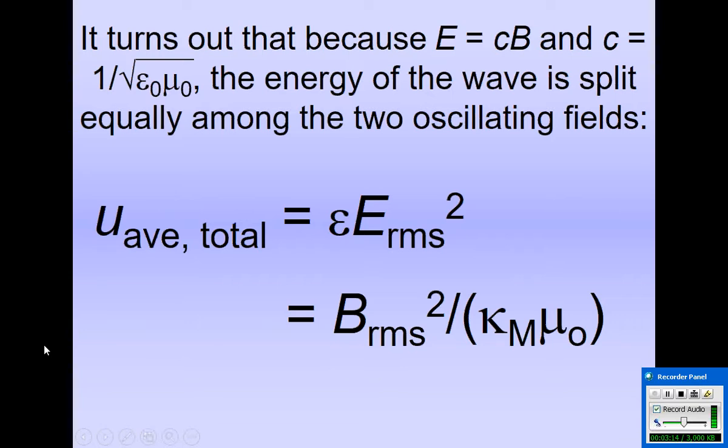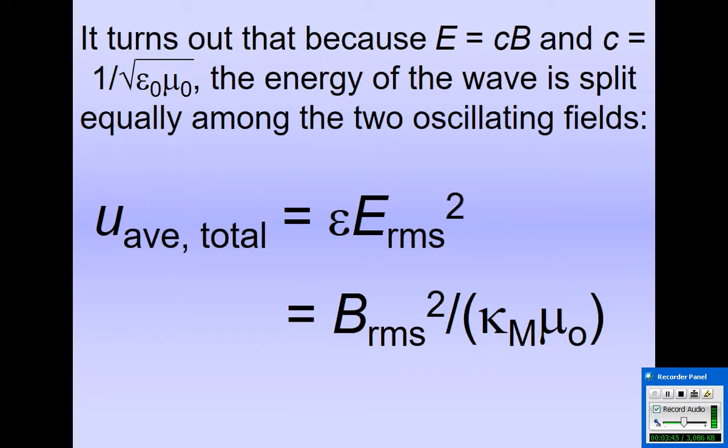Recall that the expression for the speed of light determined by Maxwell is that it's equal to 1 over the square root of epsilon naught times mu naught. And as a consequence, between the ratio of the electric field strength to the magnetic field strength and that expression for the speed of light, it turns out that the total energy density can be expressed entirely in terms of the electric field or entirely in terms of the magnetic field.